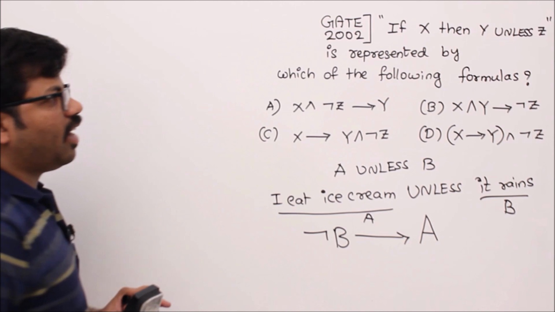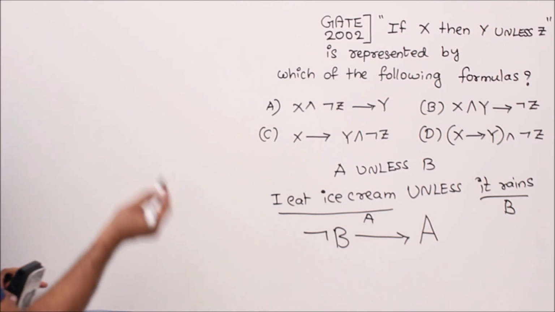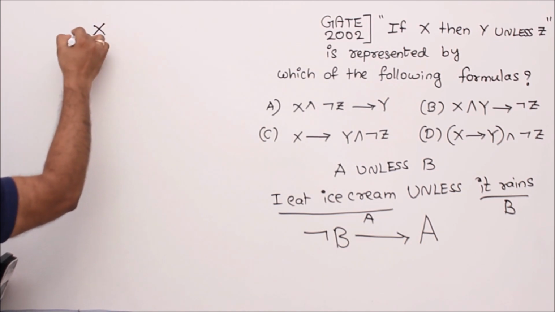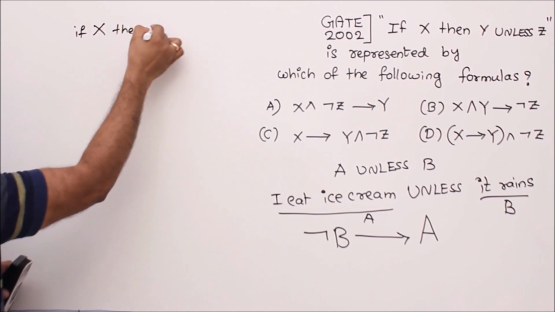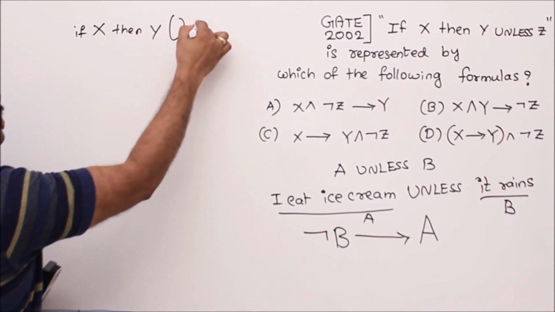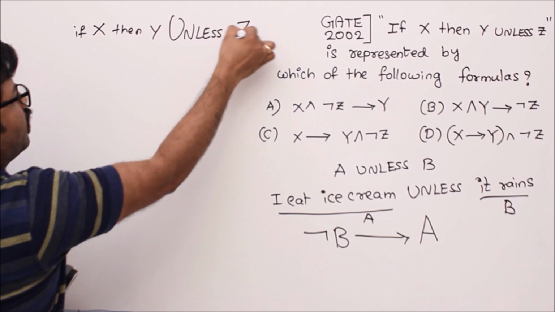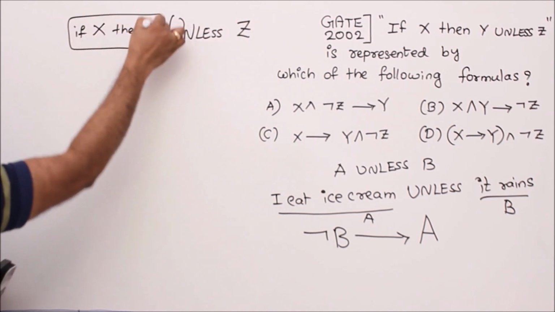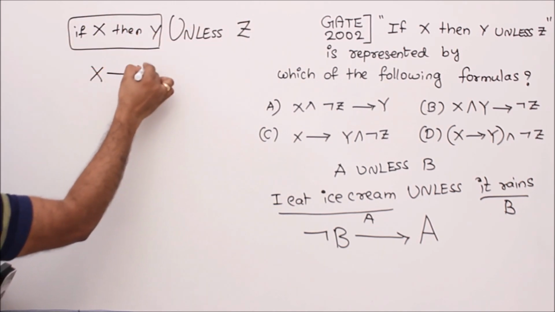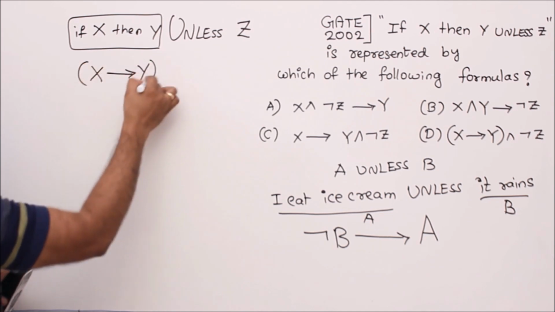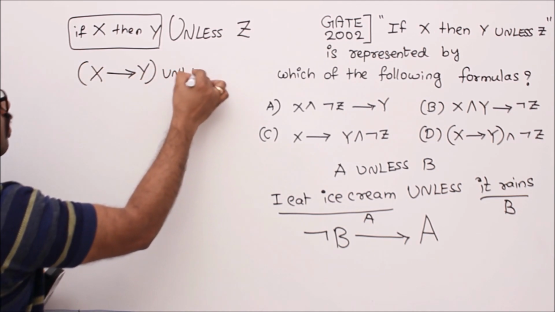We have "X then Y unless Z", isn't it? Now this is already X implies Y, correct? So X implies Y, unless Z.